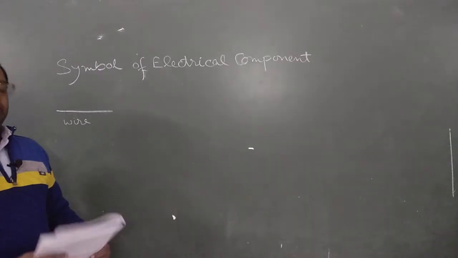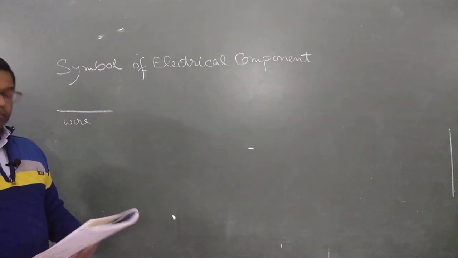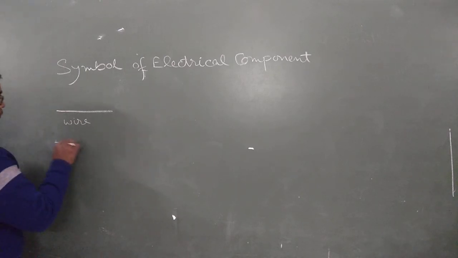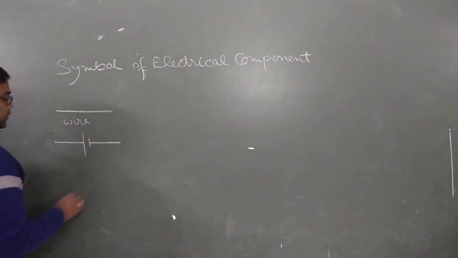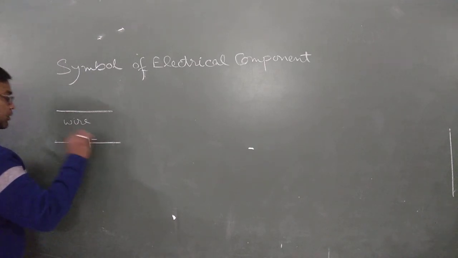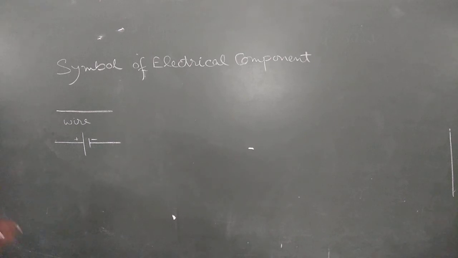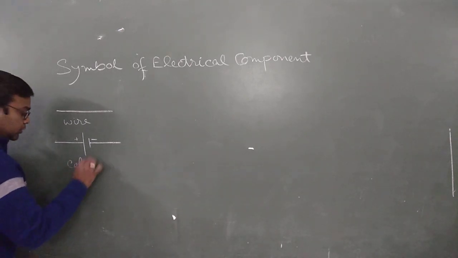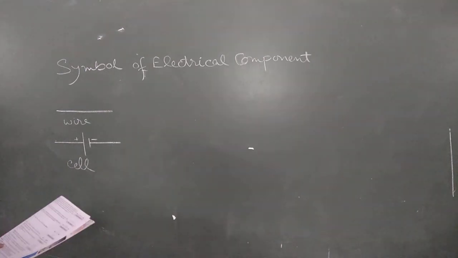Then after that we have a source of electric current. So for this, if we are using cell, we use this type of structure. This larger side represents plus, this smaller side represents negative terminal of the cell. This is the symbol of cell.